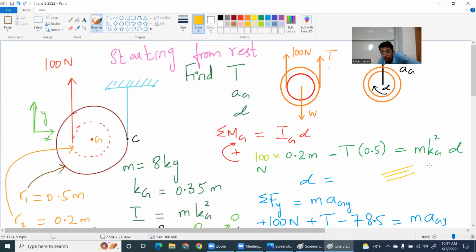This is my equation number 1, 2, and third equation that one of the students has referred to. I will try to write that here. a_G equal to.